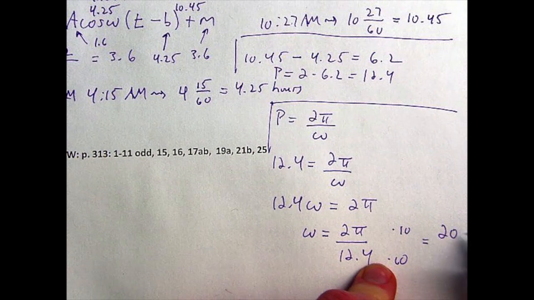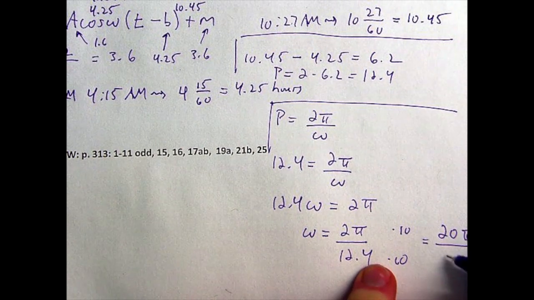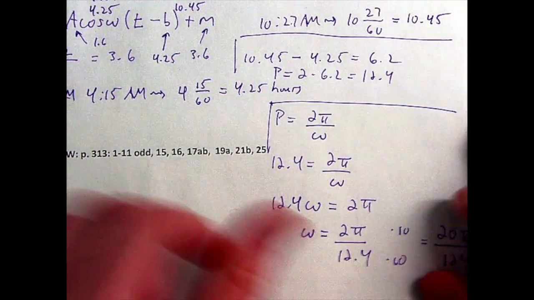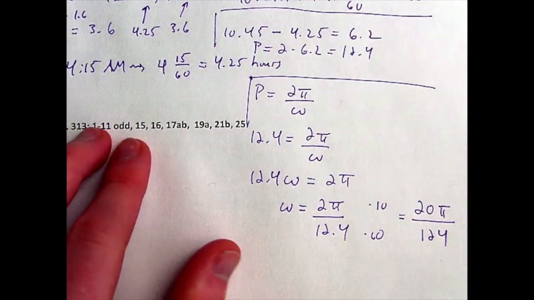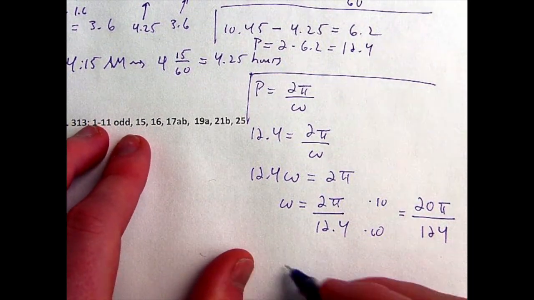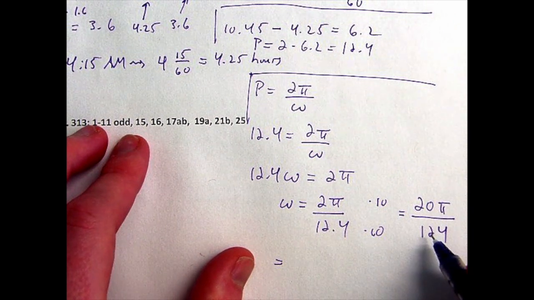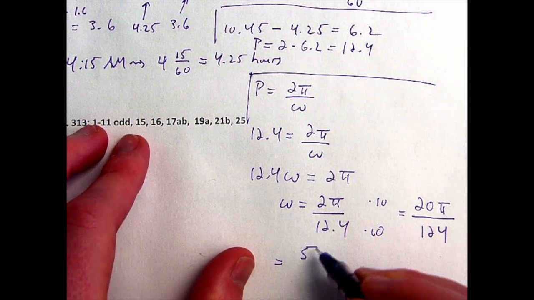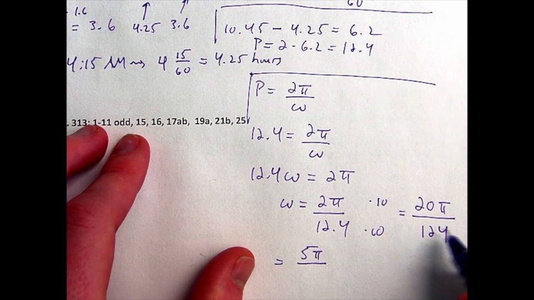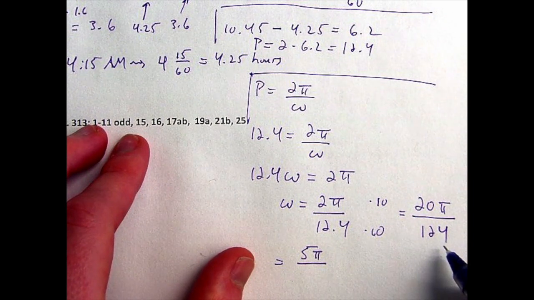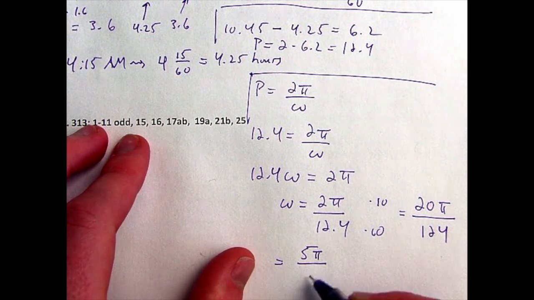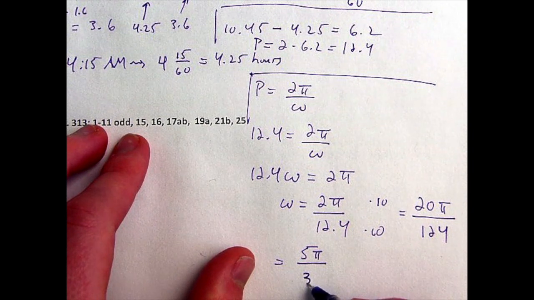So we then obtain 20 pi over 124, which, that fraction can be reduced to, let's see, I think top and bottom are divisible by 4. So that's 5 pi over 124 divided by 4 would be 31. Is that right? Yeah. So 5 pi over 31, and that's reduced. So that's our simplified omega.